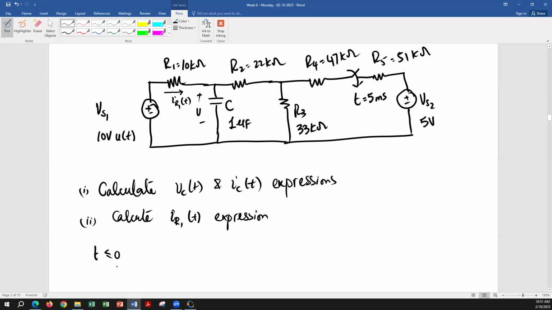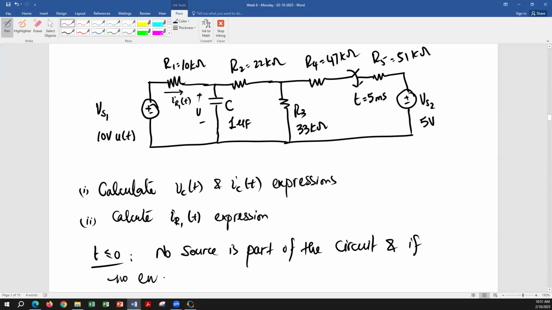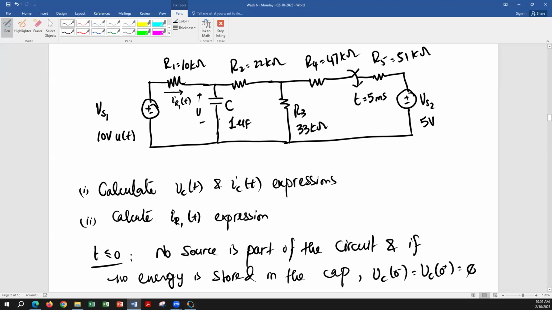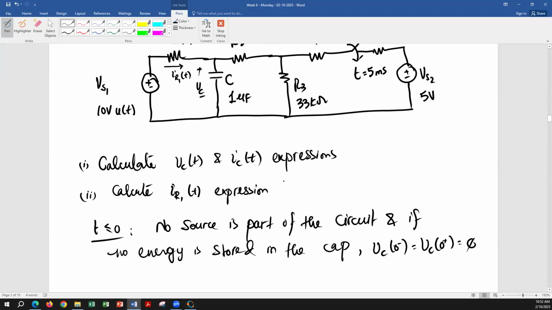For t less than or equal to 0, no source is part of the circuit, and if no energy is stored in the capacitor, then the initial value of the capacitor voltage is going to be 0.